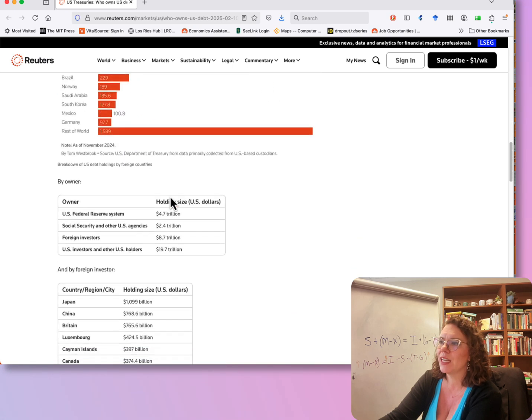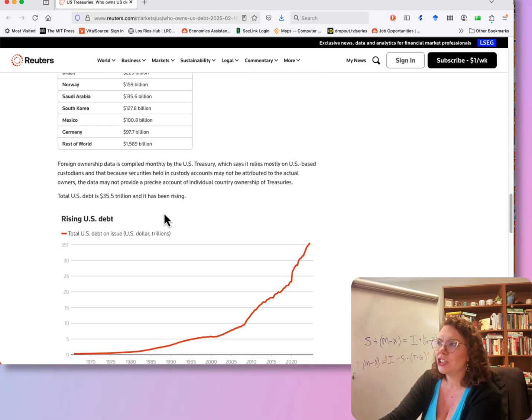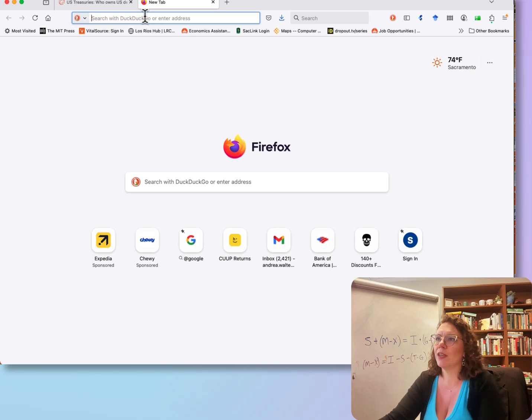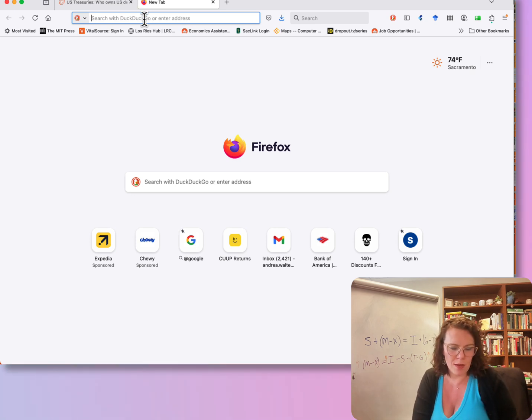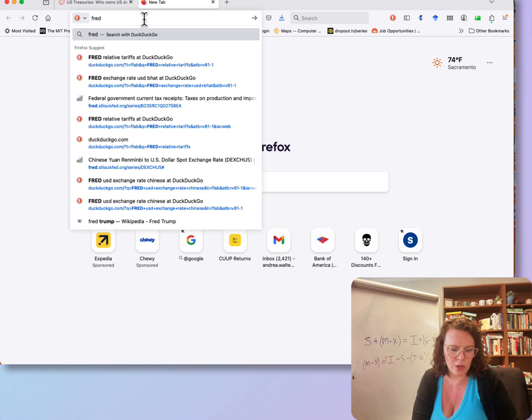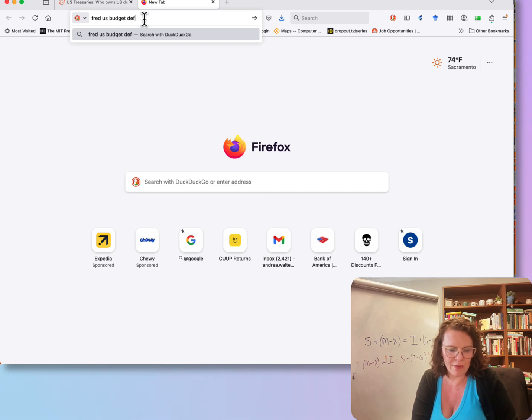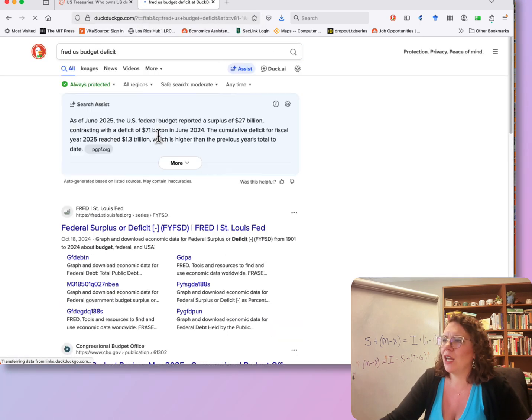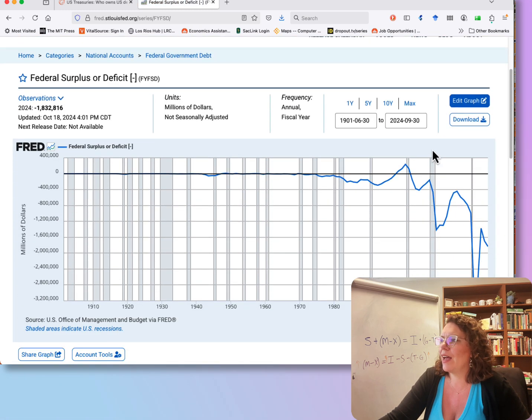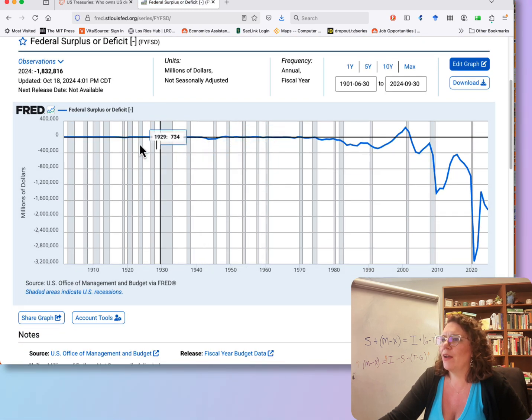But the idea here is that, and I can even pull it up here, if we look at the Federal Reserve U.S. budget deficit, you can see over time that these deficits have, right? We had balanced budgets over some periods.